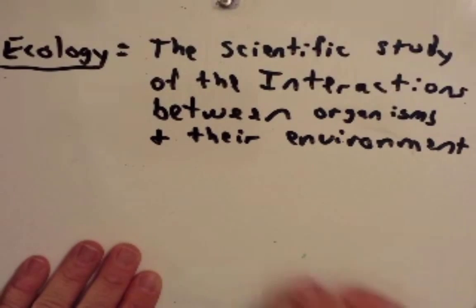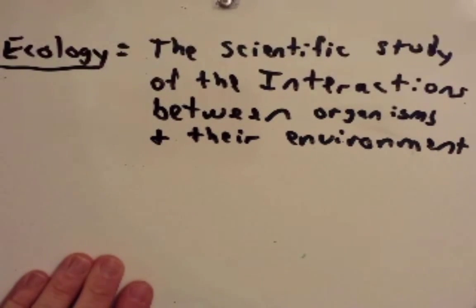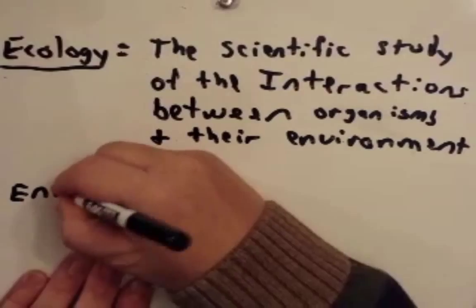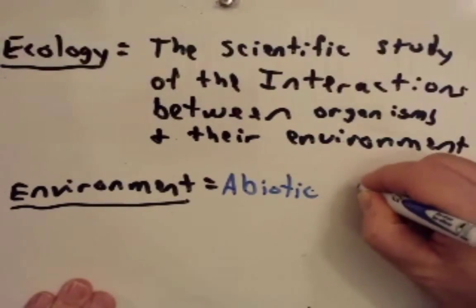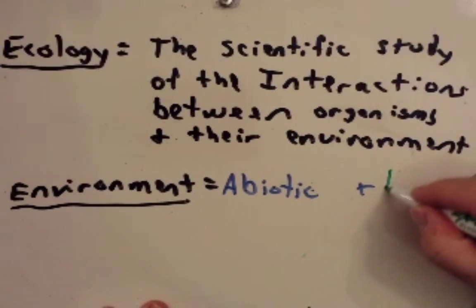We can think of the environment as being divided up into two components. So the environment is the abiotic factors plus the biotic factors.